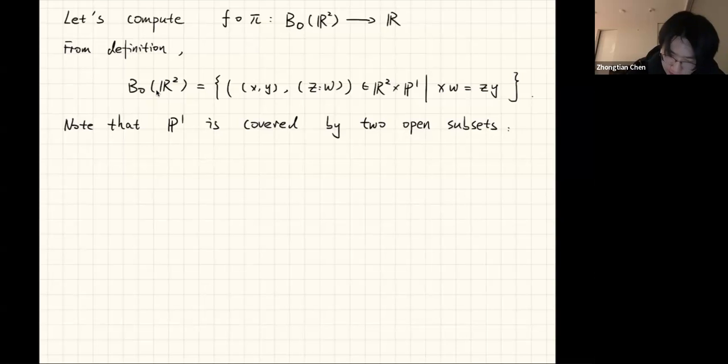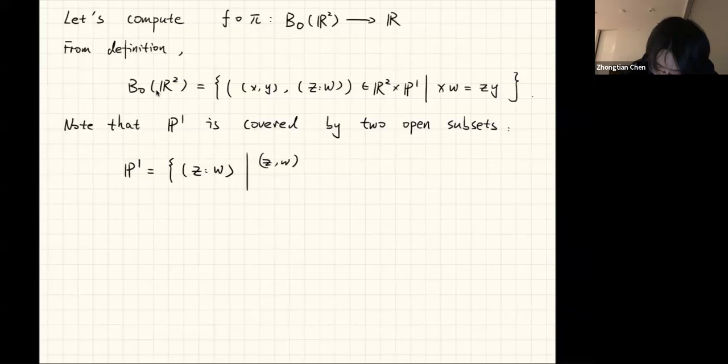The way to see this is from the definition, we know P1 is this, where the constraint is just that Z and W is a point in R2, but delete the origin.